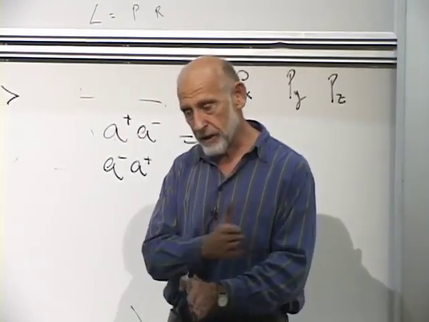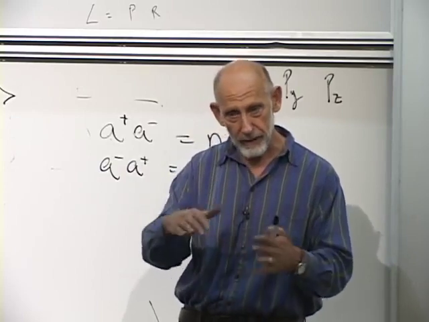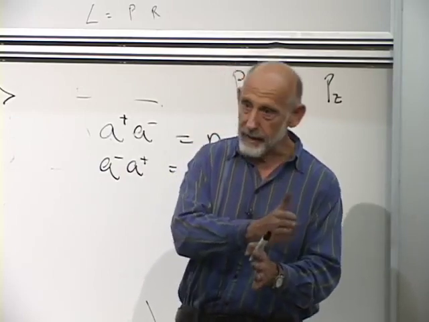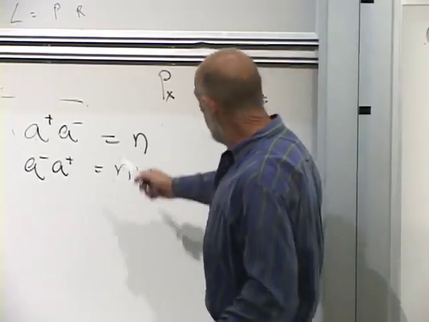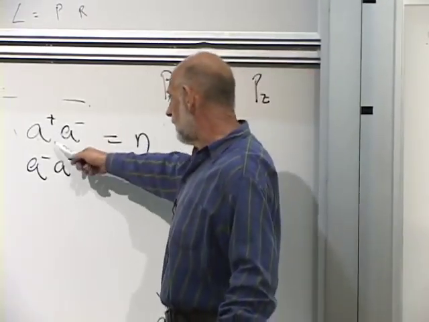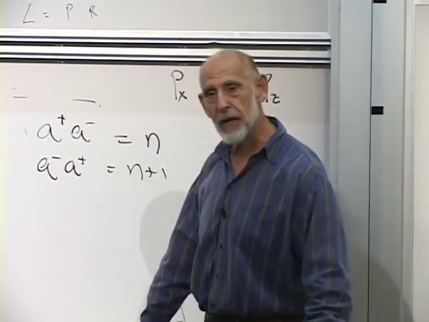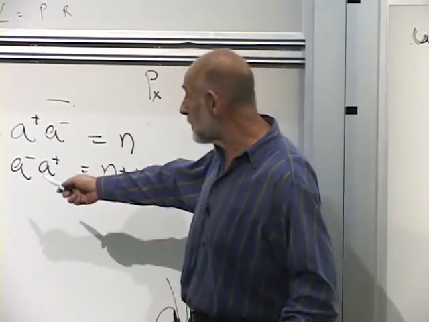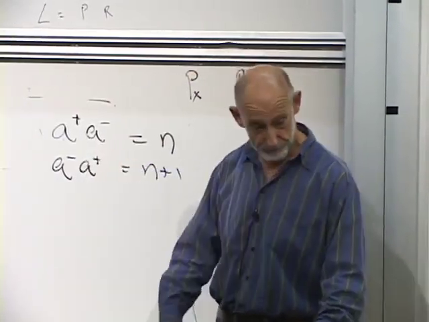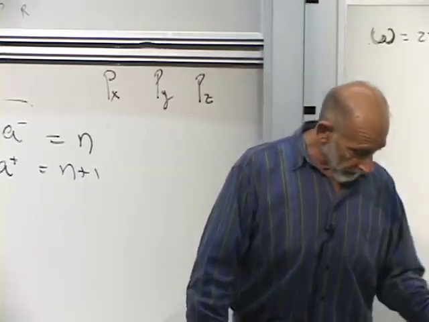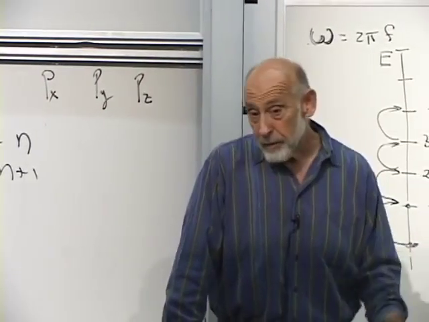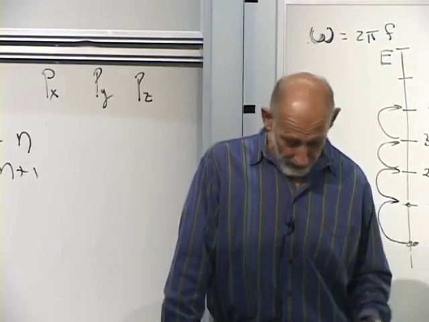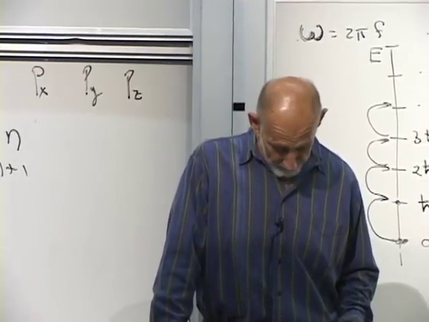The oscillator can oscillate back and forth, or you can delay it a little bit so that it goes through the origin at a later or earlier time. Whatever A is, you can't measure A plus and A minus simultaneously. That's what this tells you. That's all it tells you. They don't commute, and therefore they're not simultaneously measurable, but they're still interesting mathematical little objects.